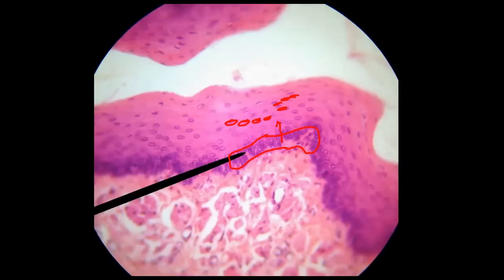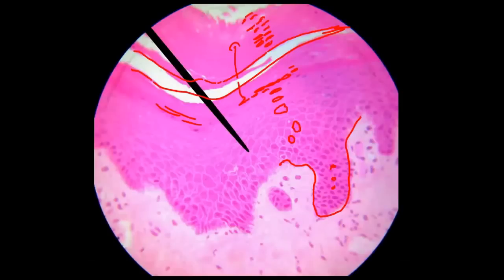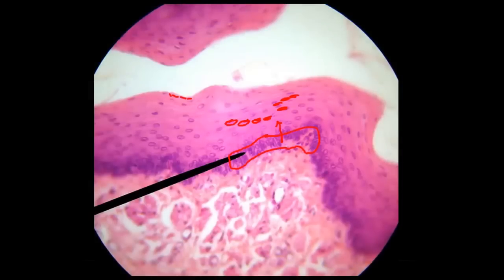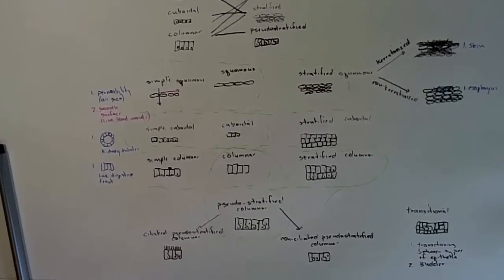But again, because this is a moist surface, this is the inside of the esophagus, it doesn't dry out as much as skin, and so you don't see the really super flat cells that you see in skin. So there's keratinized with a lot of flat cells, very flat because they're dried out. And this is non-keratinized.